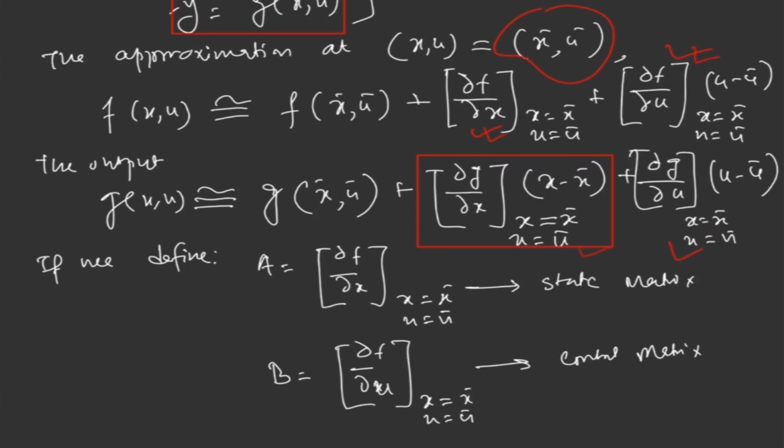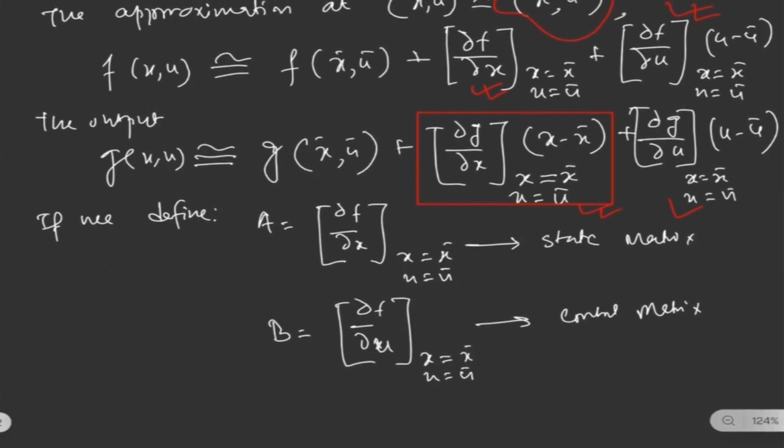Now, this is the state matrix for the output equation, and this is the control matrix for the output equation.